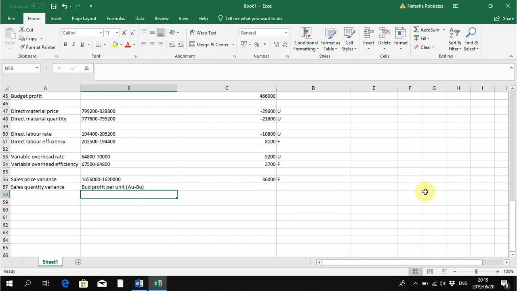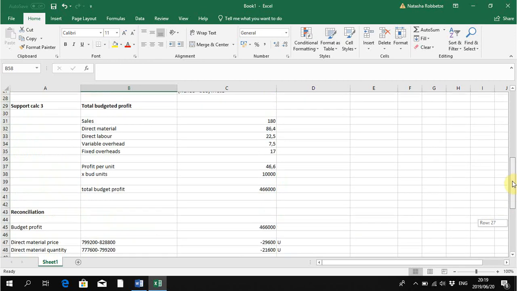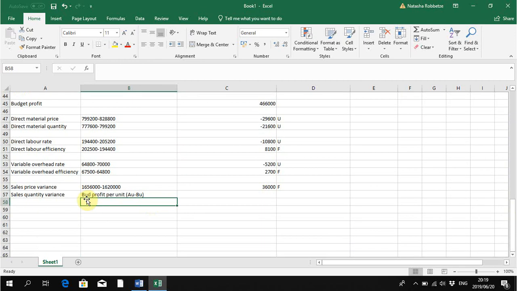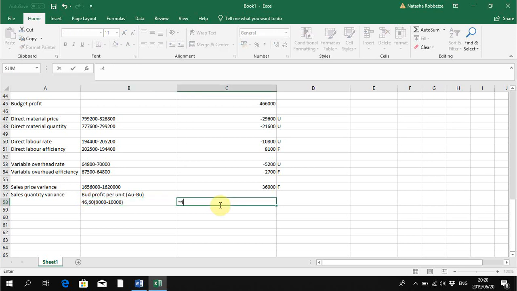That will be our budgeted profit, which is 46 Rand and 60 cents, and we're going to times it by 9,000 minus 10,000. If you do that calculation, you get a negative of 46,600 unfavorable.